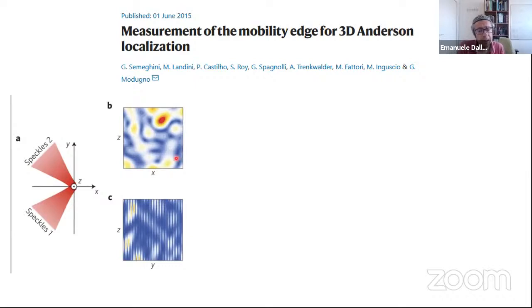Here you see two instances of these speckles, probably two different cuts of the same speckle. We don't have time to dwell on the details of the potential, but you see X and Z, Y and Z, two different cuts. What is shown here is probably a simulation of the intensity of the light at different positions, and basically this is the shallow random potential that I was drawing here.